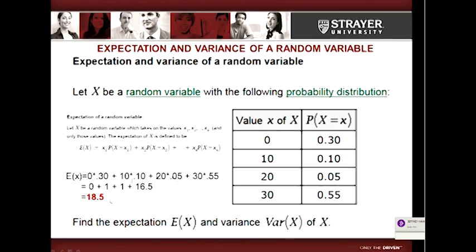Add them together, you get 18.5 as the expectation of this probability distribution. So that is the product of each x times its probability, and in the end you add them all together to get the expectation.